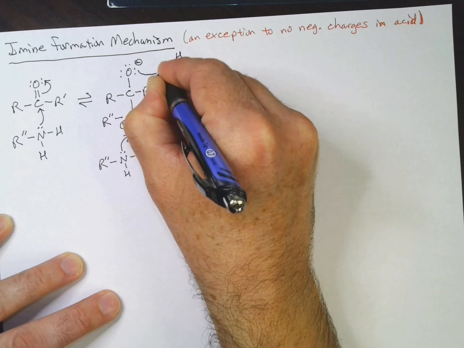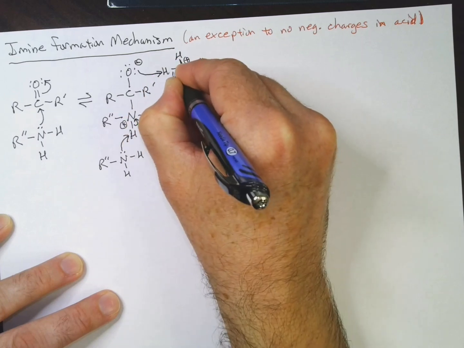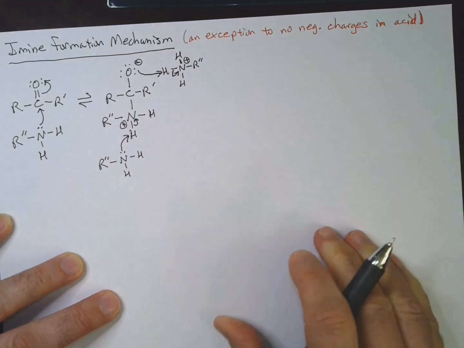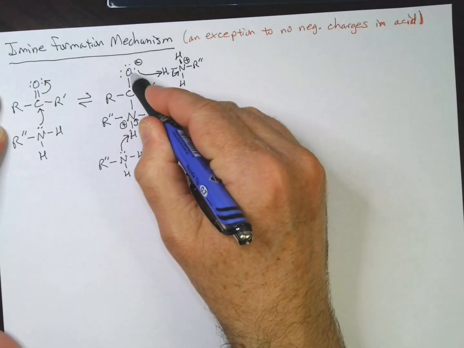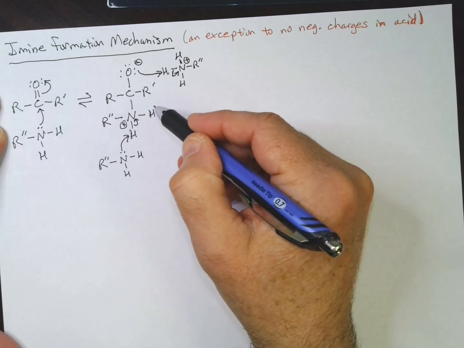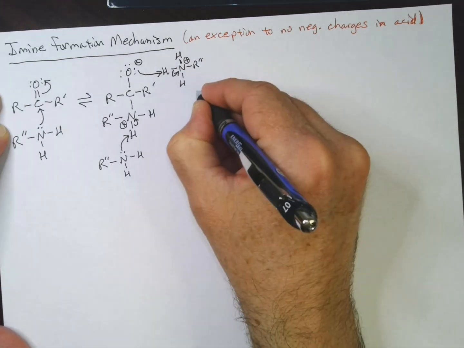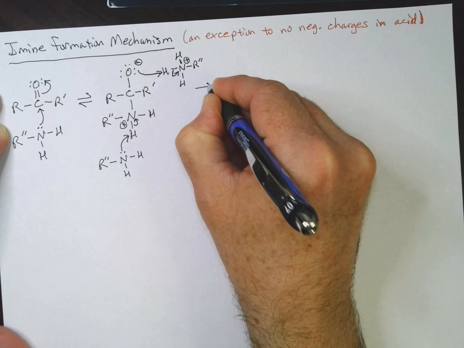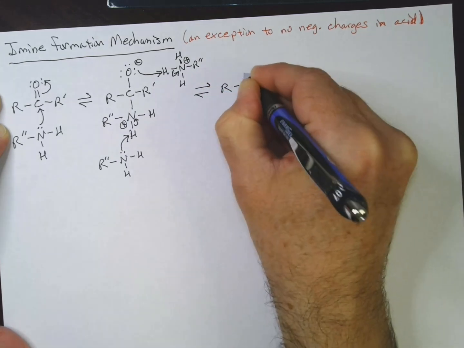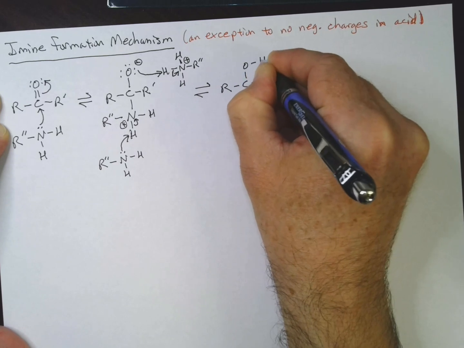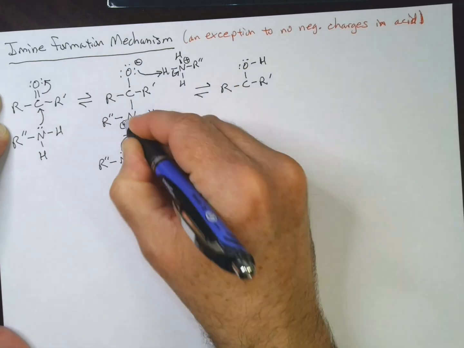So now I can protonate my oxygen there. Okay, so now what does that give me? That gives me now R, C, R prime. I've got oxygen, hydrogen, my lone pairs down here.